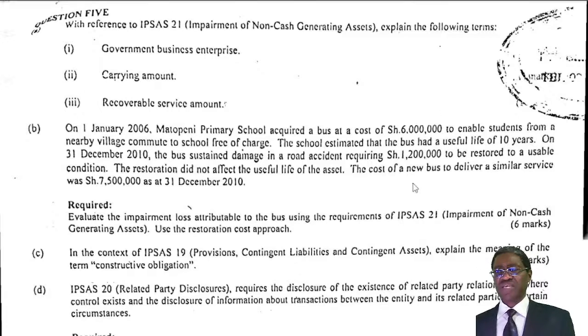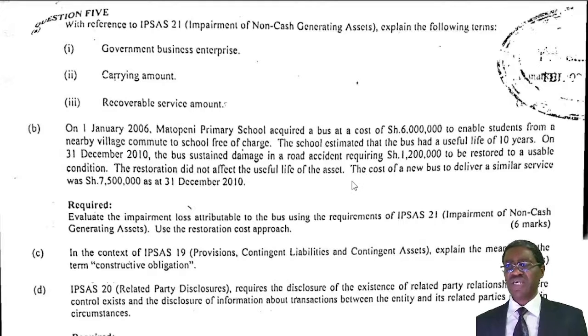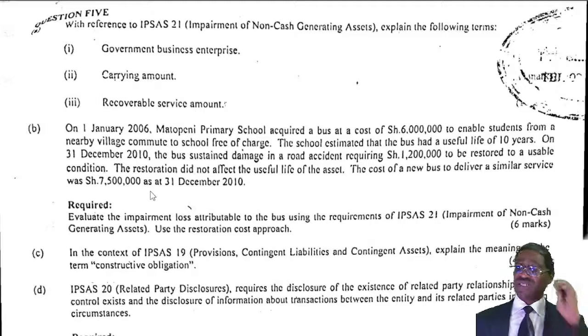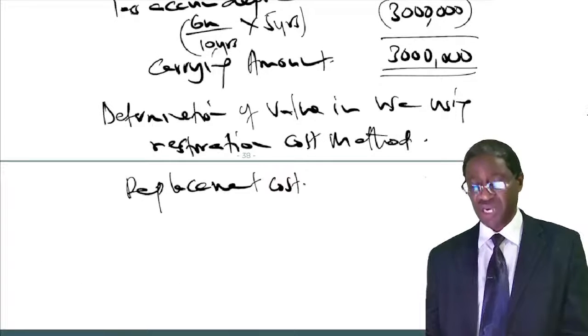Okay, the last sentence says the cost of a new bus to deliver similar service was 7.5 million as of 31st December 2010. Good. That is the replacement cost. That is 7.5.